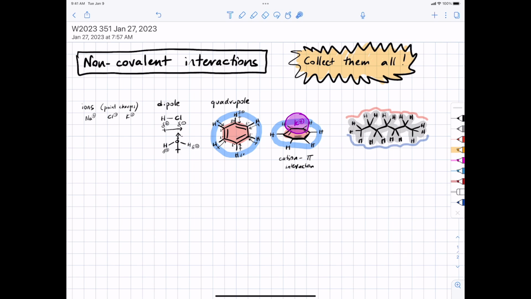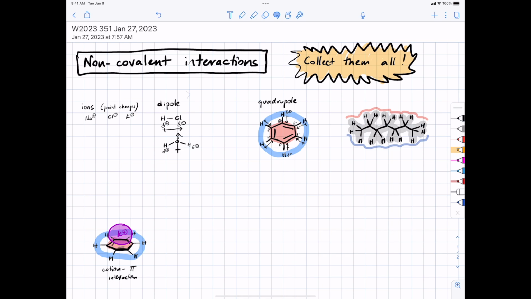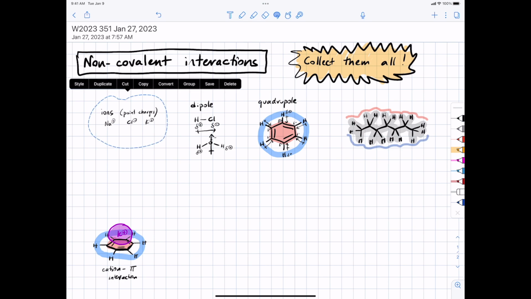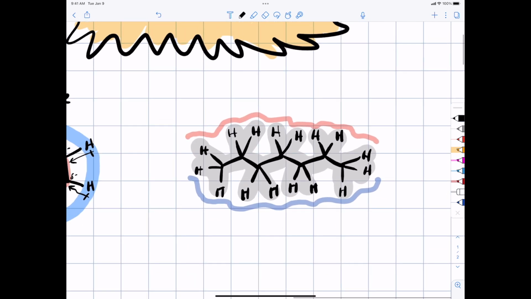We were talking about the non-covalent interactions, and you can group non-covalent interactions, as I said, as interactions between either charges or partial charges within molecules with those in other molecules. And so you've got ions, dipoles, quadrupoles, and then last time we were just barely talking about what are called induced dipoles.